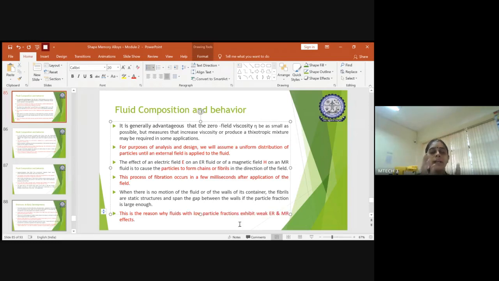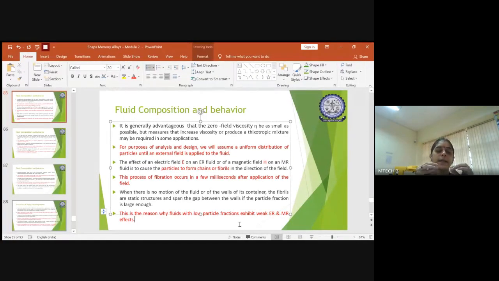It again depends upon the fluid composition, how we are defining the fluid composition. I told you that 70% will be the fluid and 30% will be the particles. So if you have the solid particles, which are called inert carrier liquids or additives, and the composition of the particles is very less and the fluid is more, then that smart fluid cannot exhibit a good ER effect, because the additives, which are the dominant ones in the fluid, are in less number.